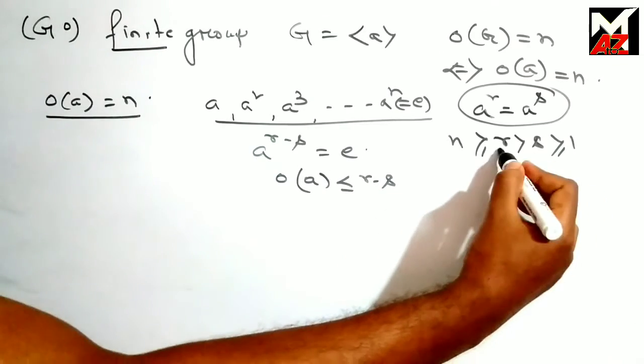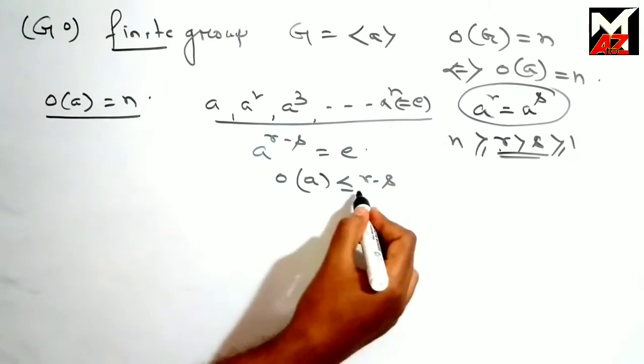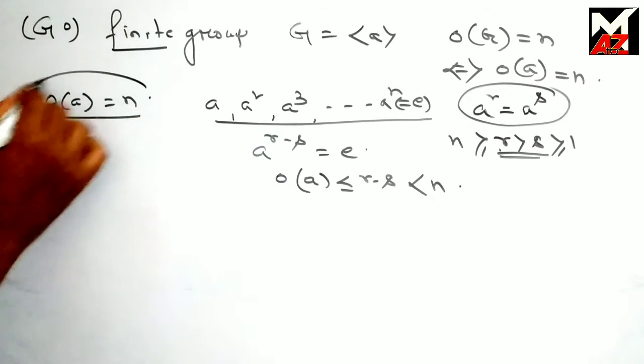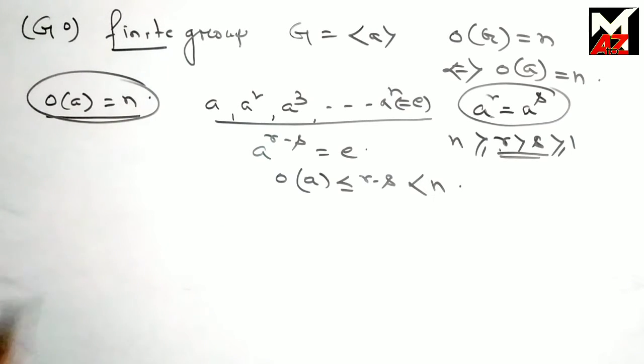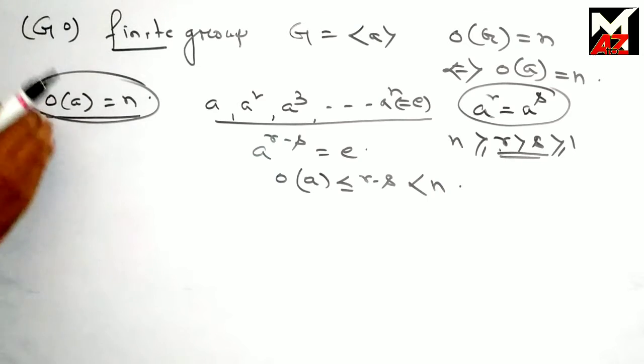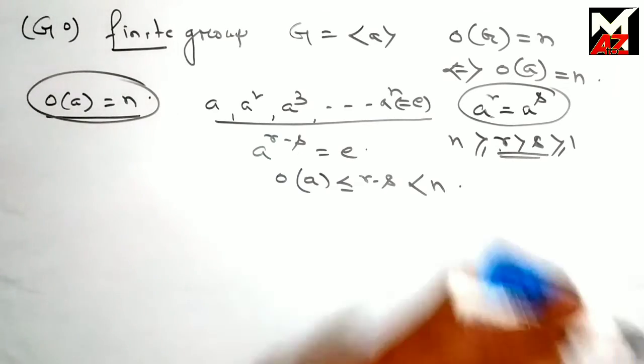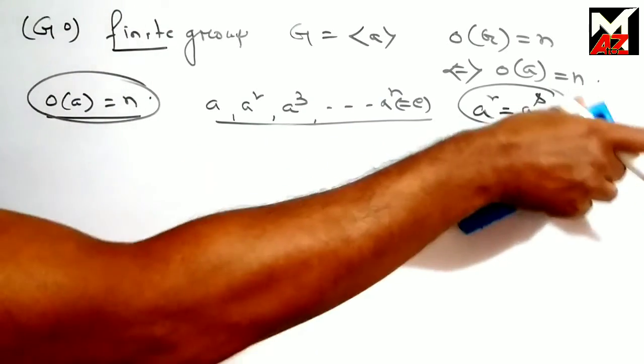But since r and s lie between 1 and n, this must be less than n. But this contradicts our assumption, because we assumed the order of a is equal to n. So these elements must be distinct elements of this list.